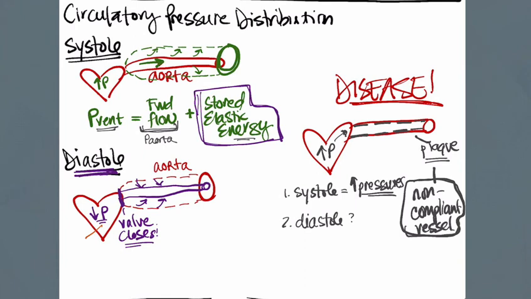Nothing. You have lost the vascular pump. There is very minimal elastic recoil. So when somebody has vascular disease, their diastolic pressures become very low because they can't maintain that driving pressure.